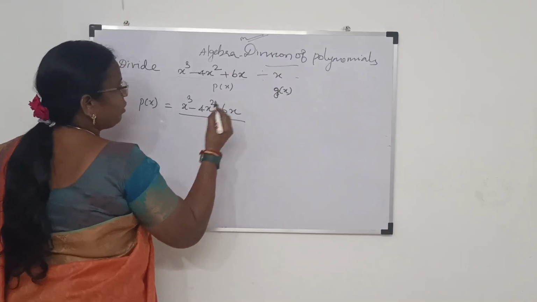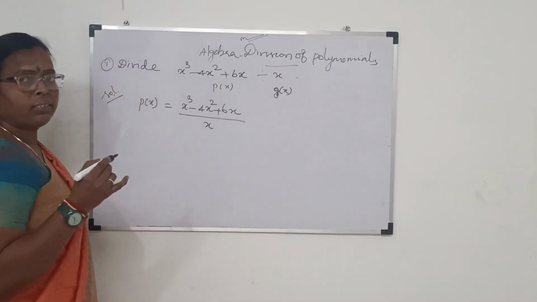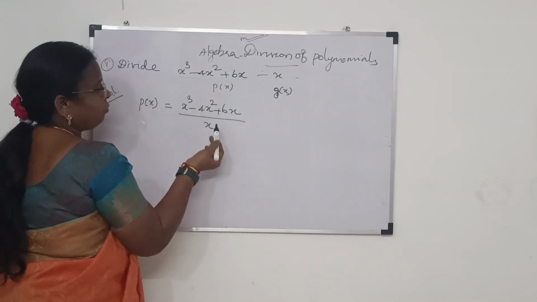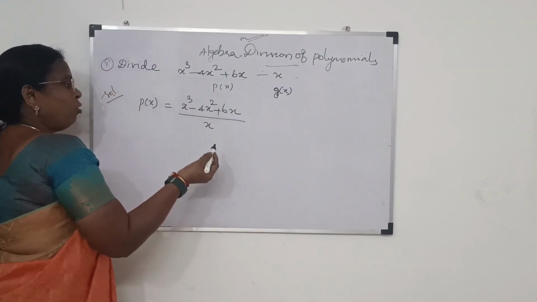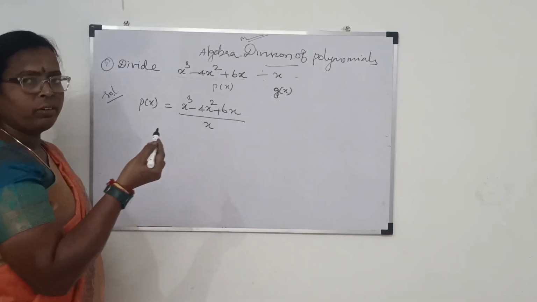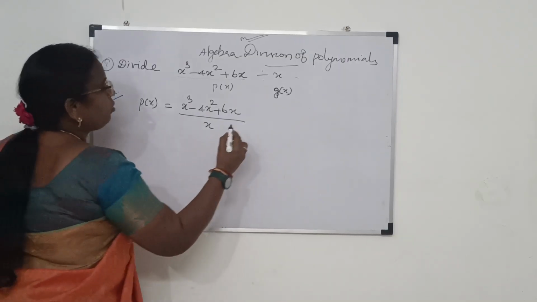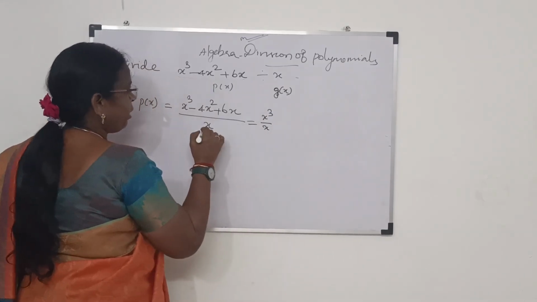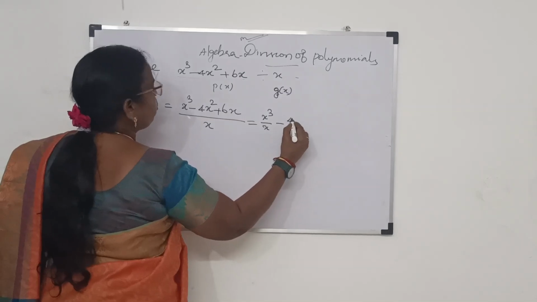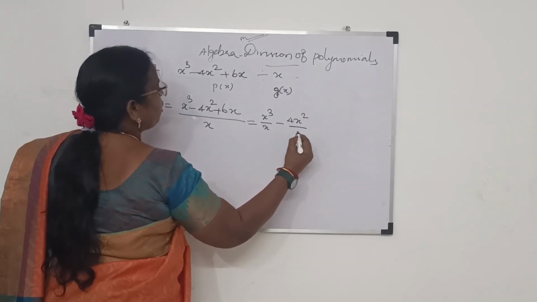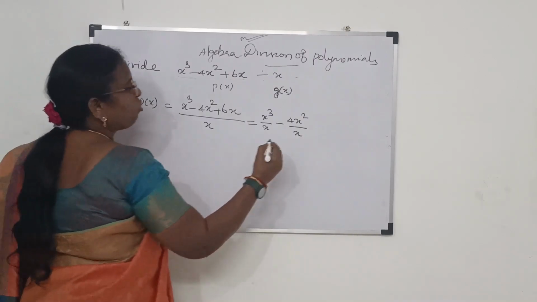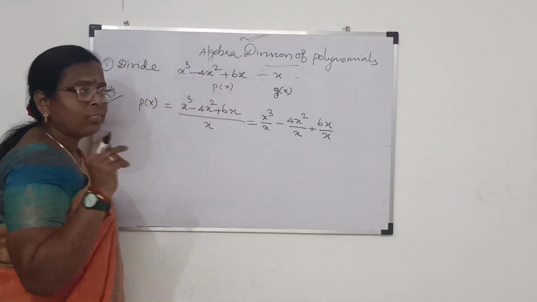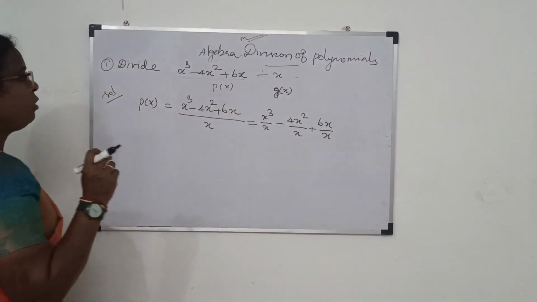We are going to divide this by x. So you have to divide each term by this x. If you know how to divide this directly, you can do it, or else you have to write each term, that is x cube by x minus 4x square by x plus 6x by x. So each term should be divided by this divisor.